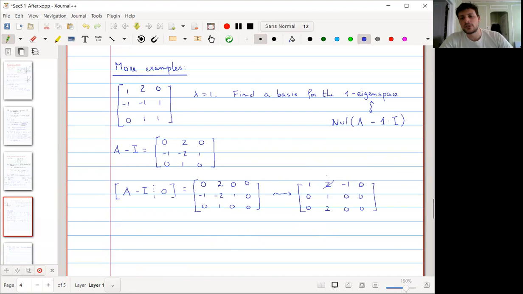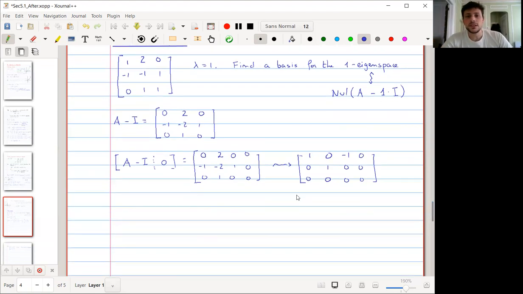So allow me to just do that and not rewrite the matrix, so that we get this matrix here at the end. We have zeros on these two sides, and that's the reduced row echelon form.